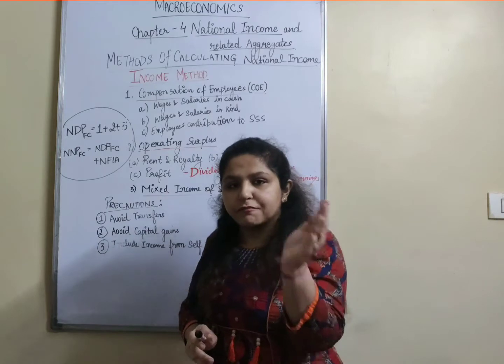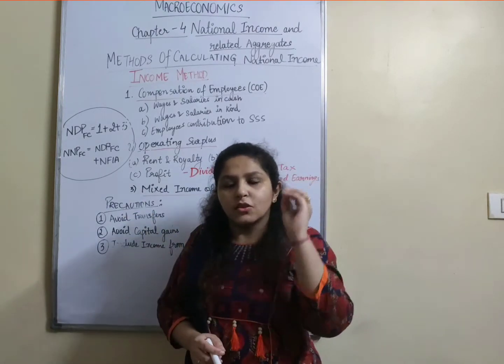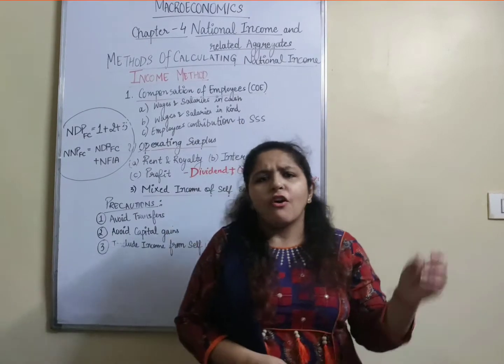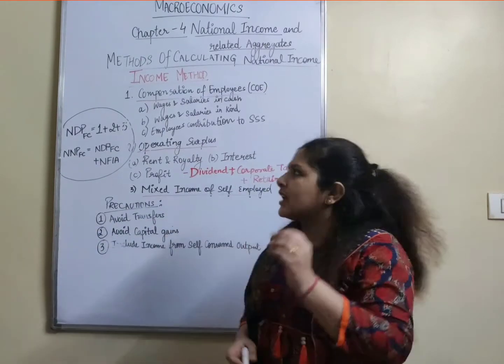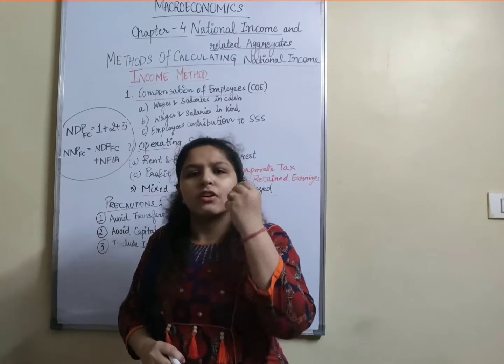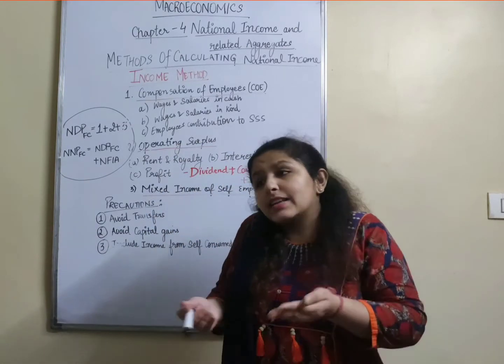So there are 3 types of people, 3 types of sectors in the economy. Those who earn from wages and salaries, either in cash or in kind, or they get social security schemes. For example, doctors working in a hospital get salaries in cash.